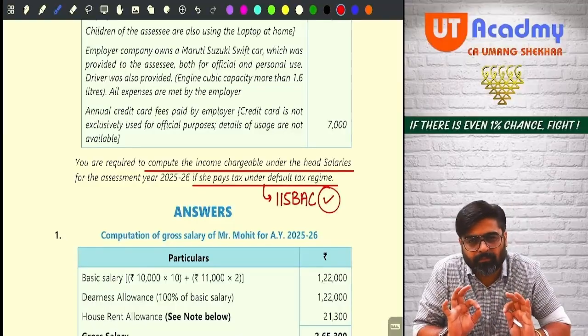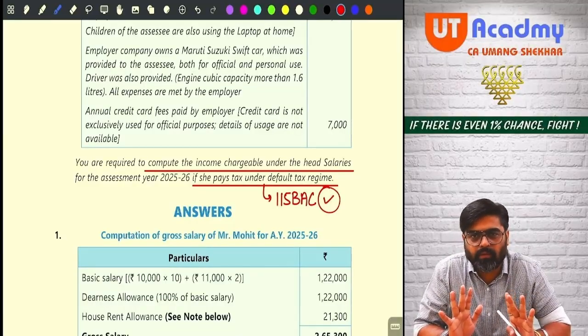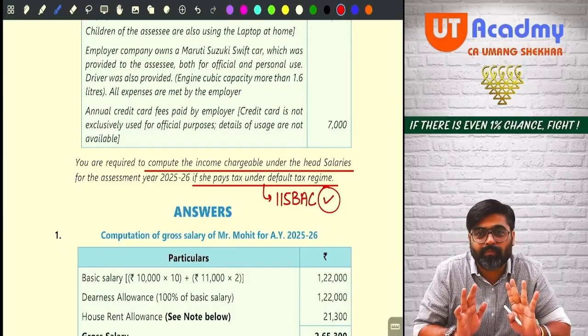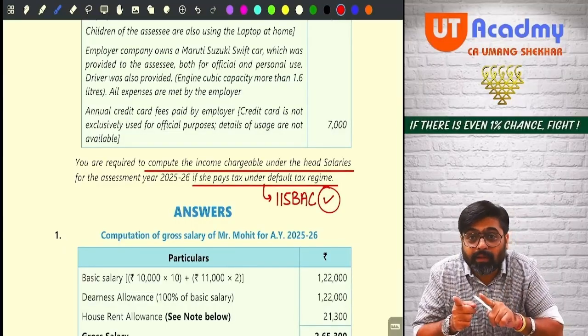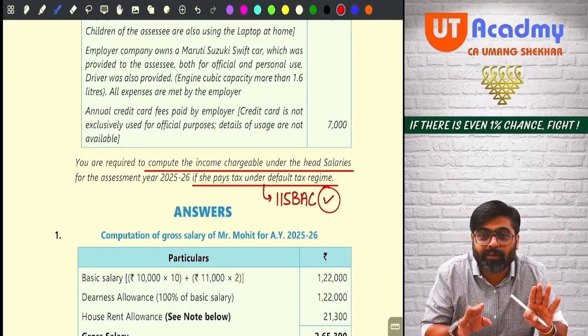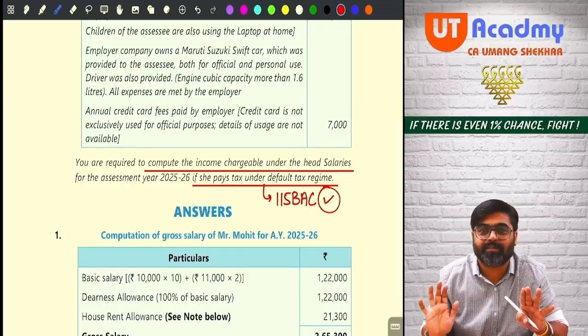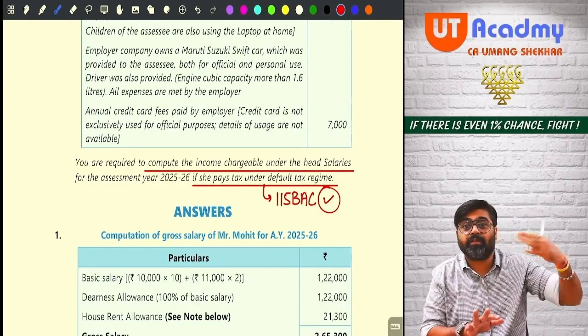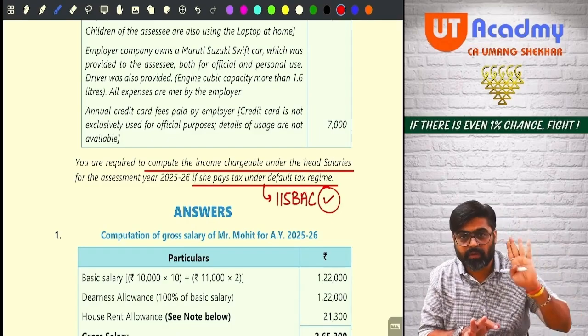Can you do me a simple small favor? Today, after solving this question at home, assume that 115 BAC is not followed and then see what are the changes. But right now we are solving as if she is following 115 BAC.